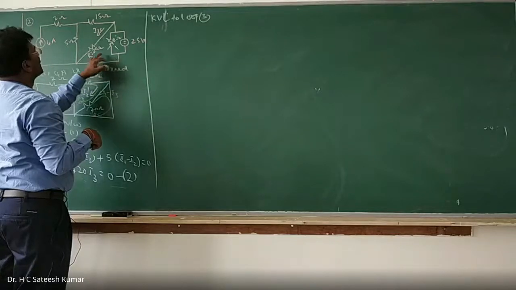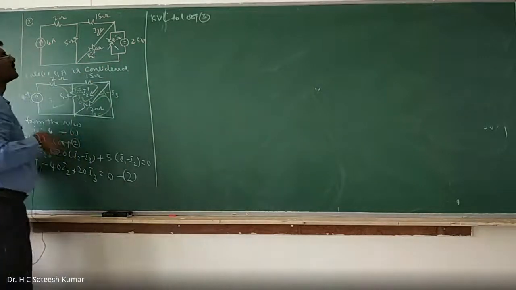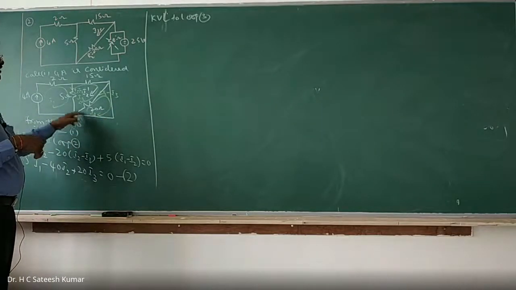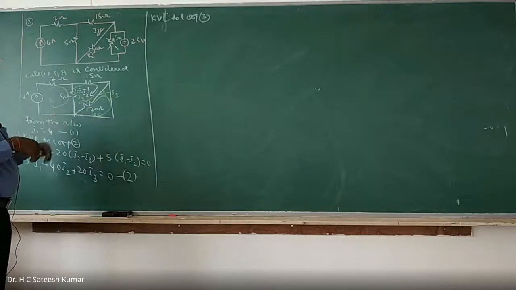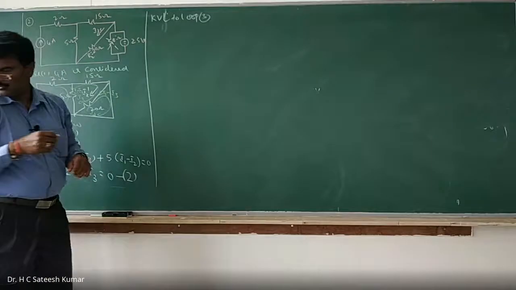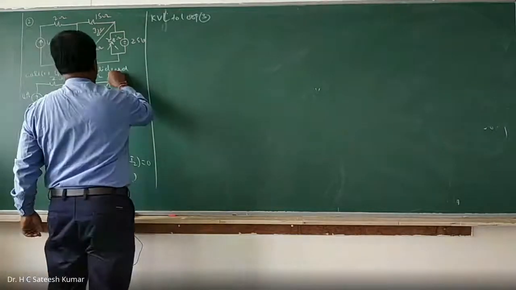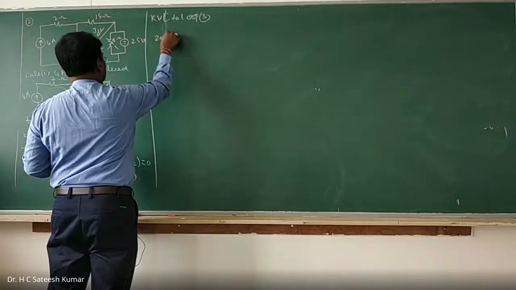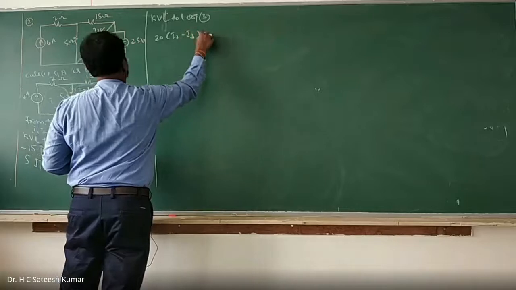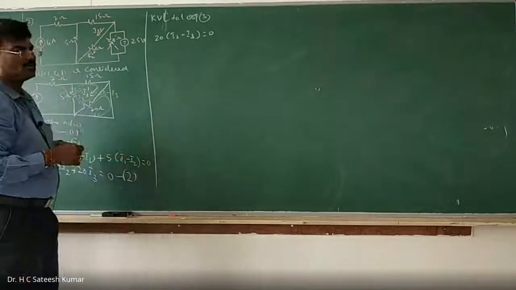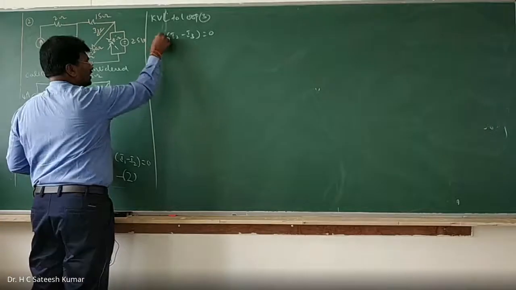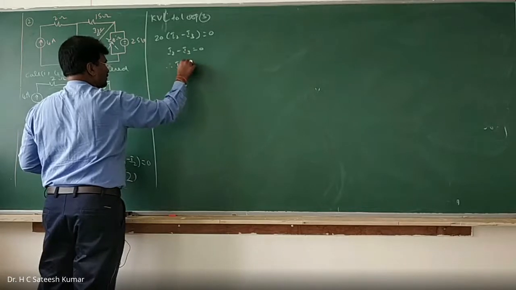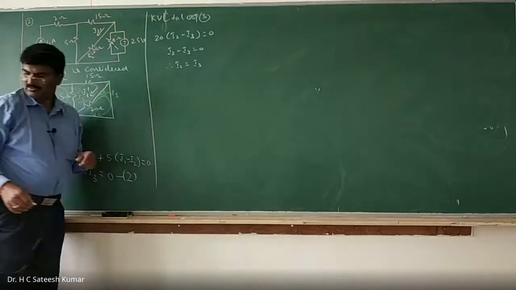So KVL to loop 3, we start from this point. Nothing is there. Plus 20 into (I2 minus I3) is equal to 0. Therefore, 20 cannot be equal to 0, so I2 minus I3 is equal to 0. Therefore, I2 is equal to I3.